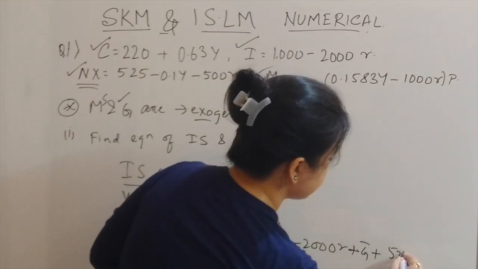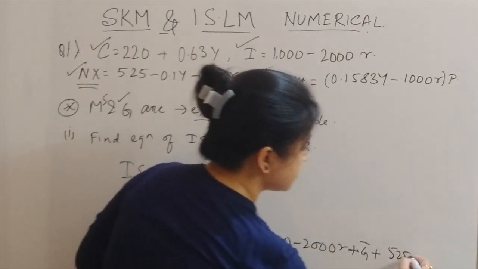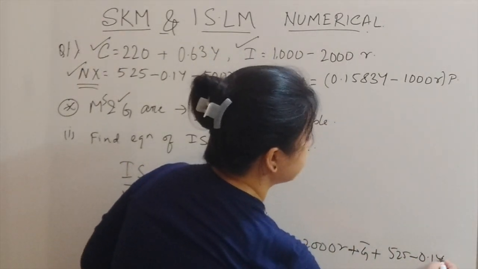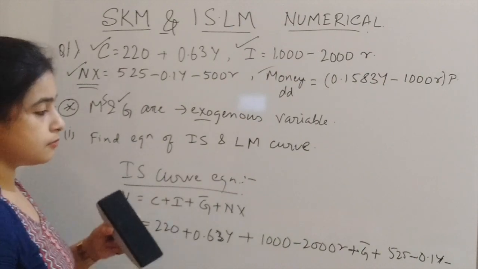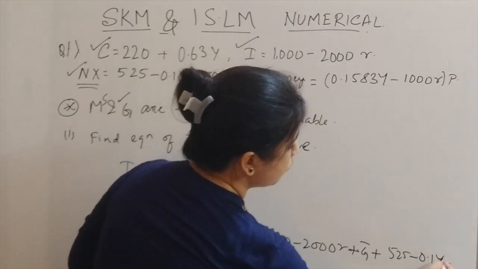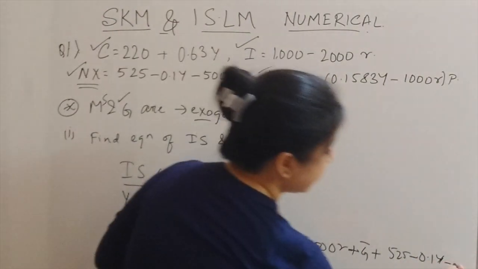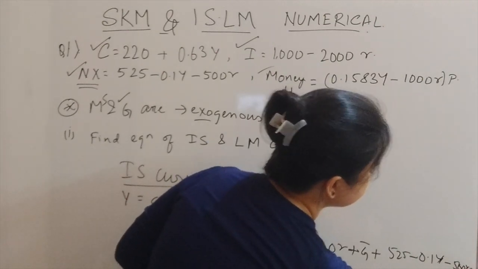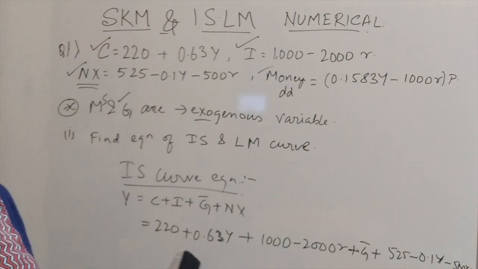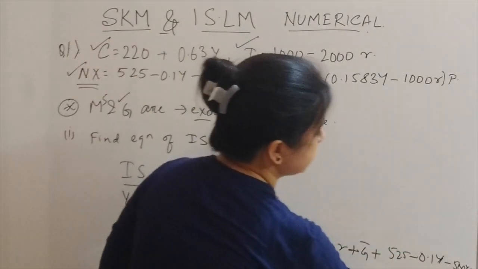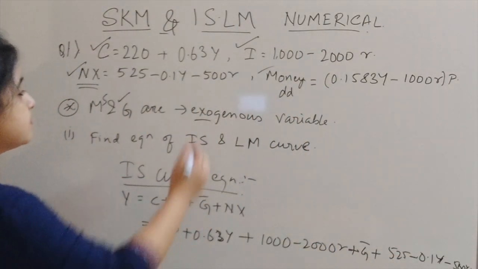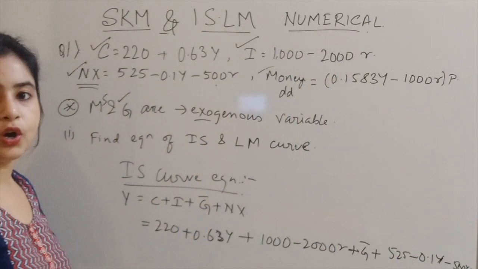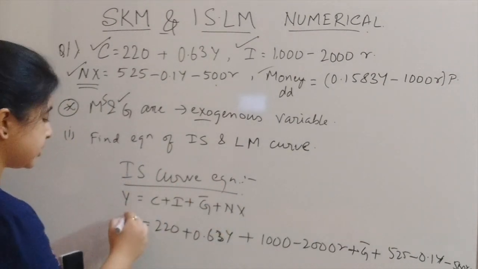So it is 525 minus 0.1y and minus 500 R. I hope you can see that. At the end, I'm just writing 500 R. That's the term which is given over here. Okay, so this is the final equation.